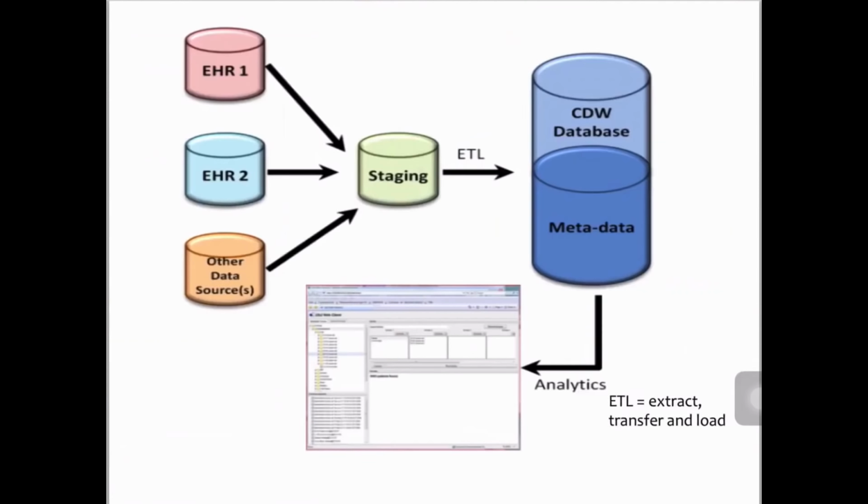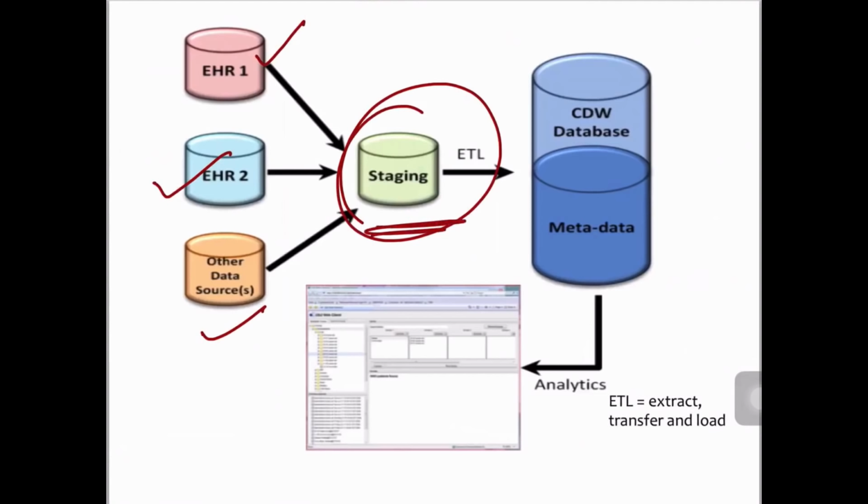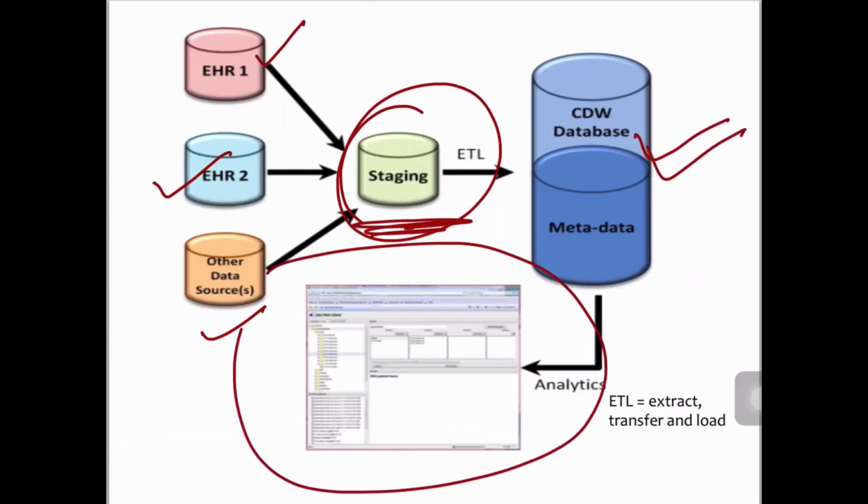For example, this is the database of hospital one, this is the database of hospital two, hospital three. All databases are logically linked and go into the clinical data warehouse. With this software, we can see the overall view. We can query with the help of SQL from all the hospitals.